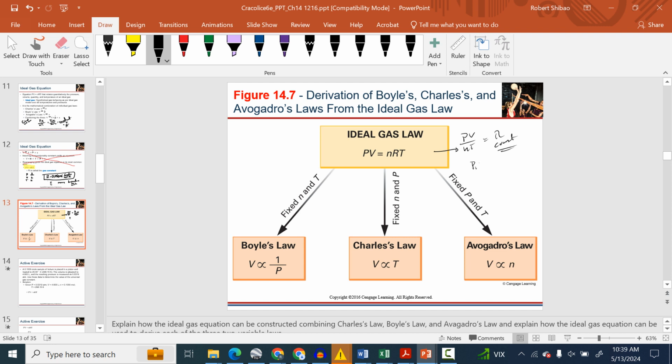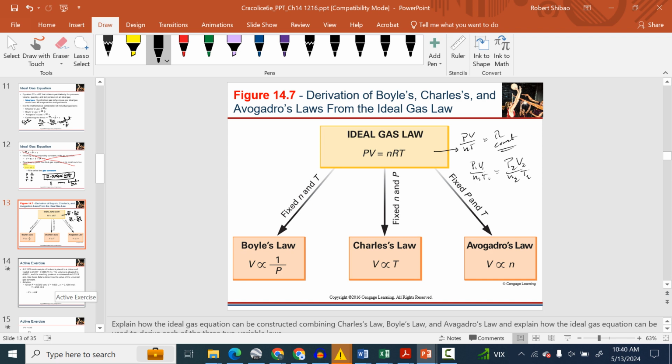We could start off with one set of pressure, volume, amount, and temperature, and that's got to equal another set of pressure, volume, amount, and temperature. We could change anything, but the ratio has to stay the same. We can derive all of them from the ideal gas law, so all we need to memorize is the ideal gas law.